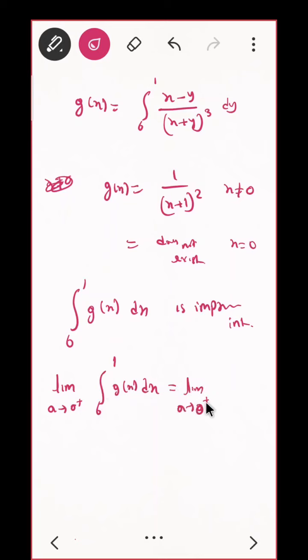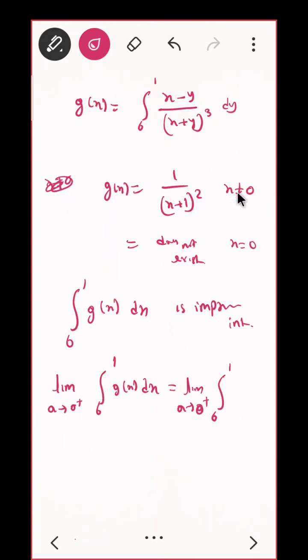What do you mean by a tending to 0 plus? It is going towards 0 from the positive side. And what is the function in that? From both sides the function is 1 upon (x plus 1) the whole square only.